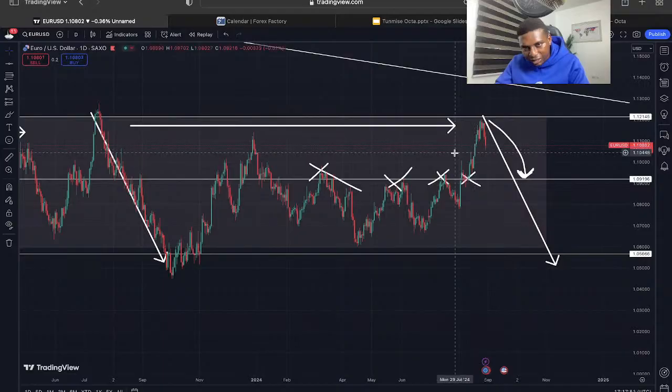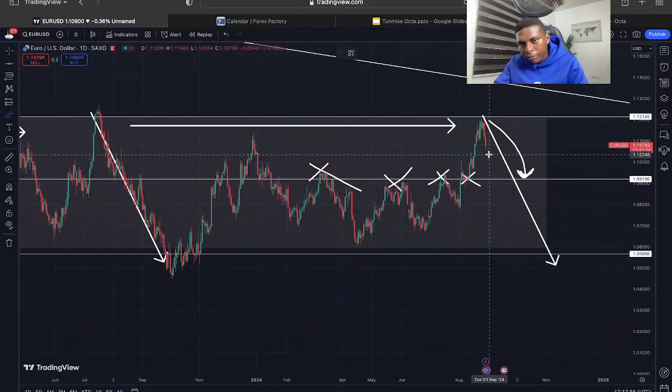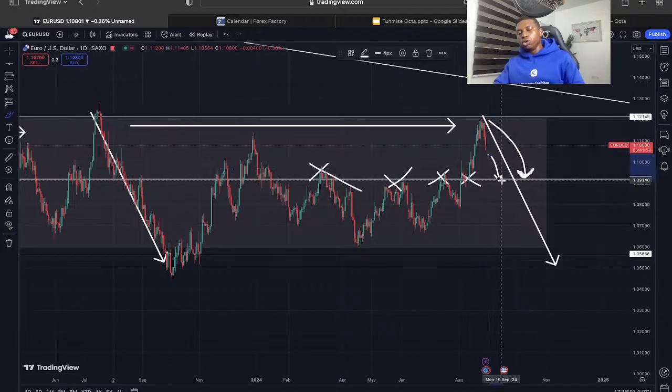So I'm expecting that in the next few days, today being Thursday, tomorrow, then next week, if not this week, next week, we might see price touching as far down as this support level that was previously a resistance zone, but now would be acting as a support.